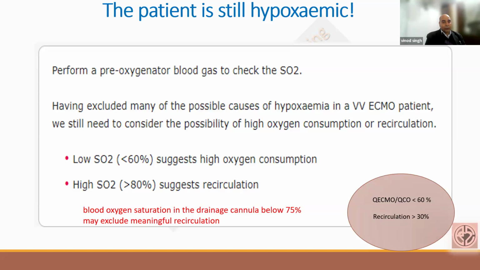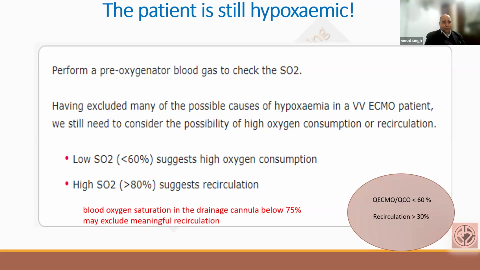These can cause a low oxygen saturation. But if you find that the oxygen saturation in the pre-oxygenator is more than 80%, that means you are getting some form of recirculation, and you must find out the position of the cannula, and you can adjust the cannula. So this is the stepwise way we can find the causes of hypoxemia and treat it.